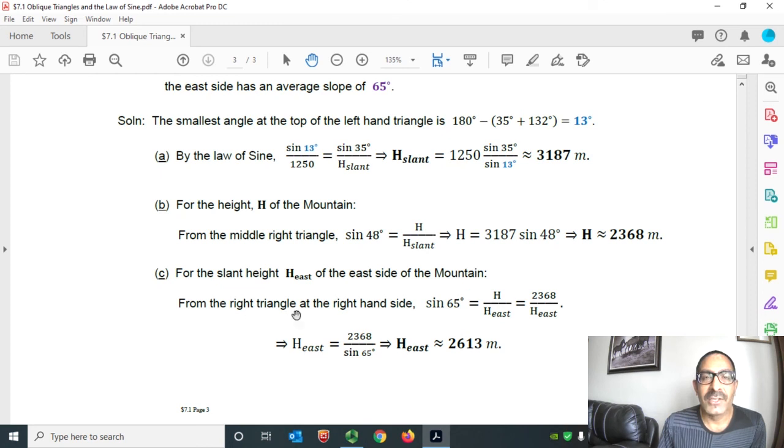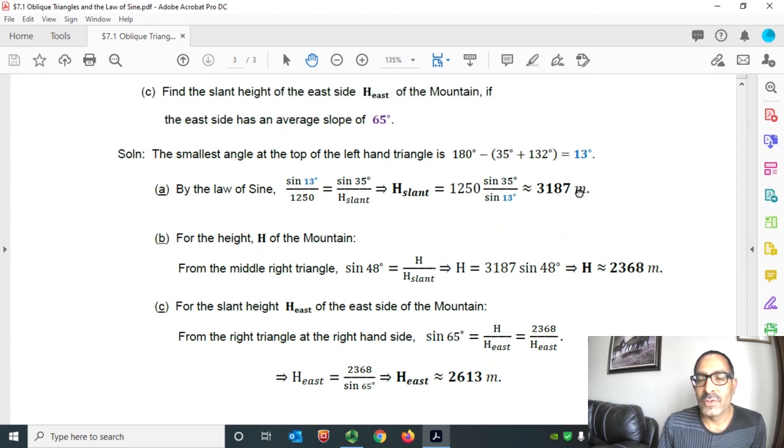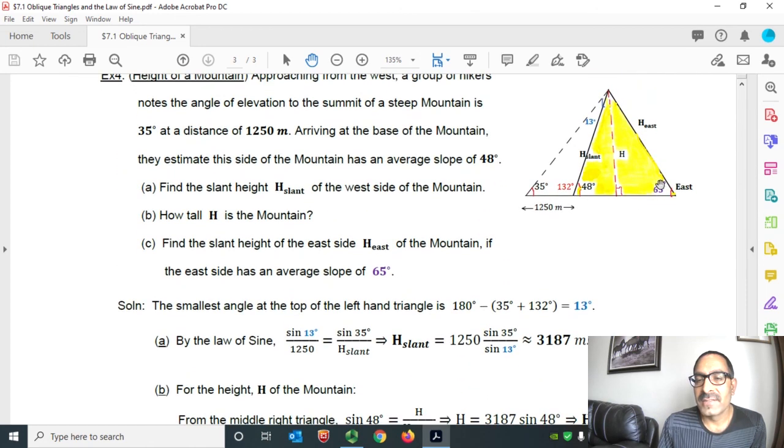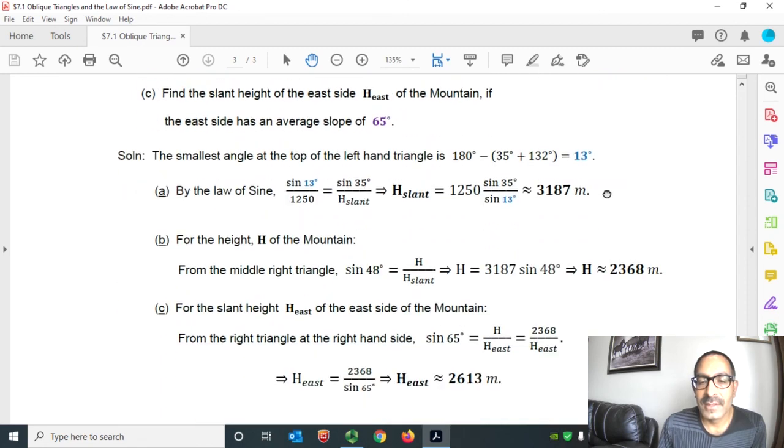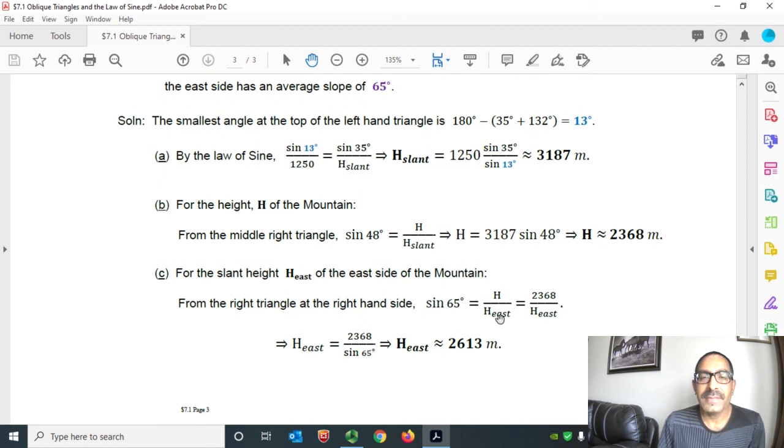From the right triangle, sine 65 degrees equals h over h east. Let me show you again. Sine 65 degrees equals perpendicular over hypotenuse, that is h over h east. Here we know h from part B: 2368 over h east.